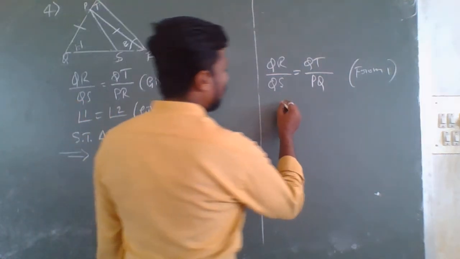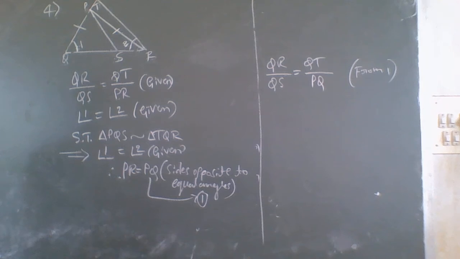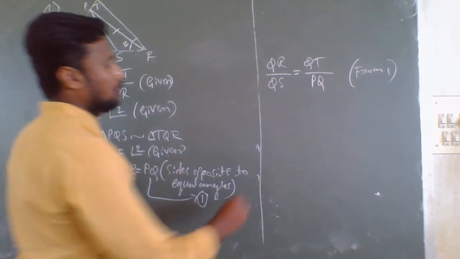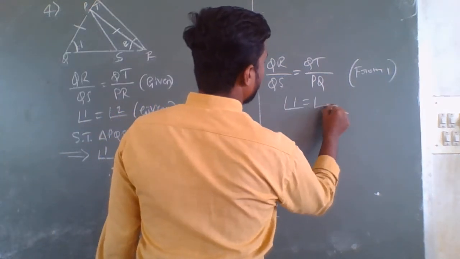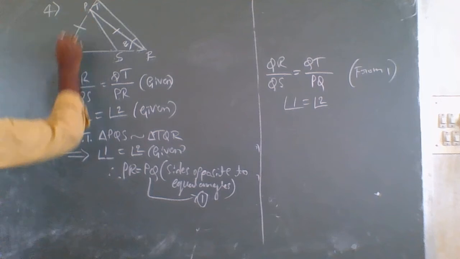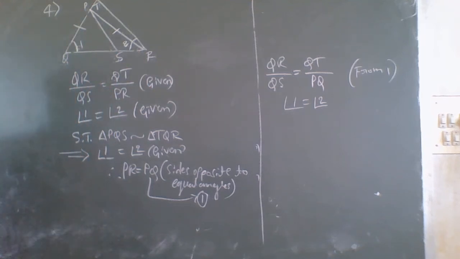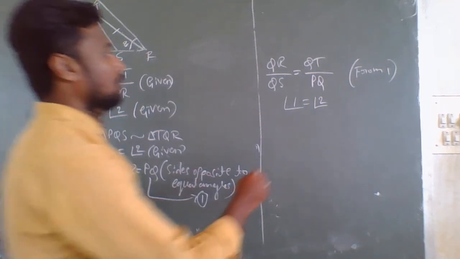Now again they are given angle 1 is equal to angle 2. Angle 1 means angle PQS and angle 2 means angle TRQ, so these two angles are equal. They are given that.